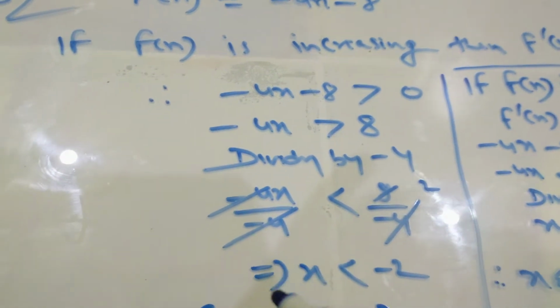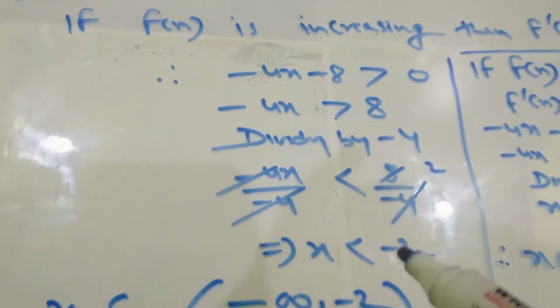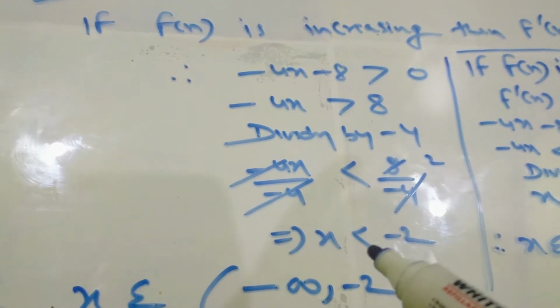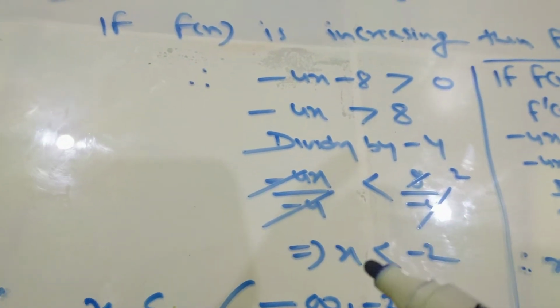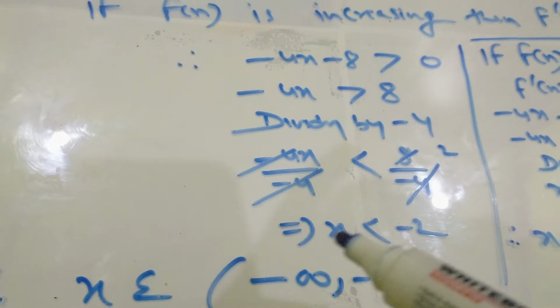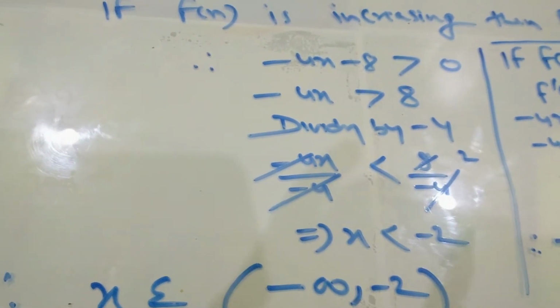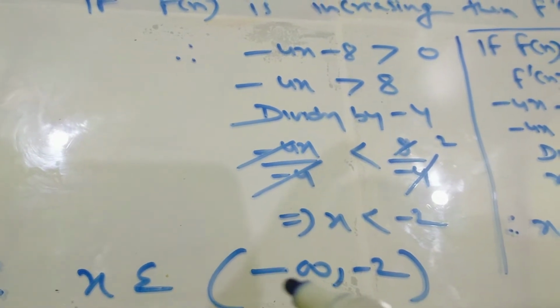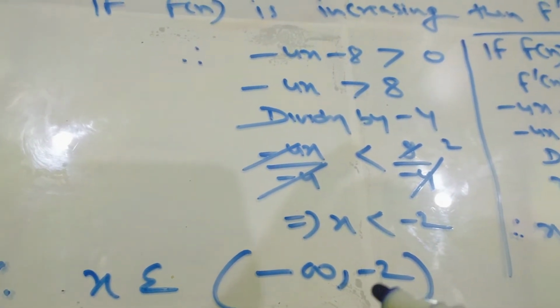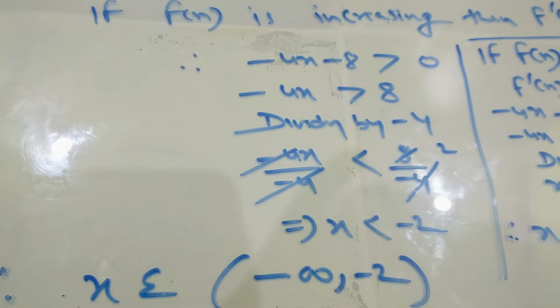So it becomes x less than minus 2, meaning all values less than minus 2. In real numbers, our numbers go from minus infinity to plus infinity, so minus infinity to minus 2 is the range for the function increasing.